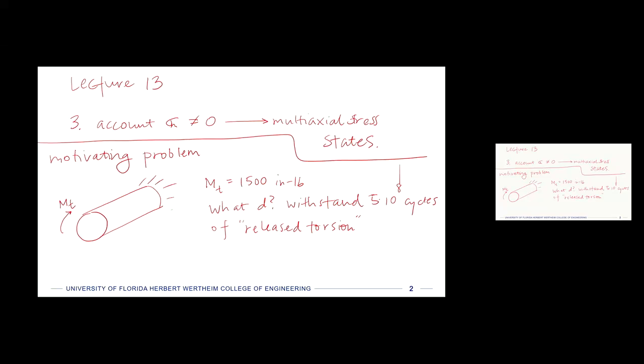The problem statement tells us this is an aluminum alloy that is given in one of the graphs in the book, 2024-T4, and it has an ultimate strength of 68 kPSI and a yield point of 48 kPSI.